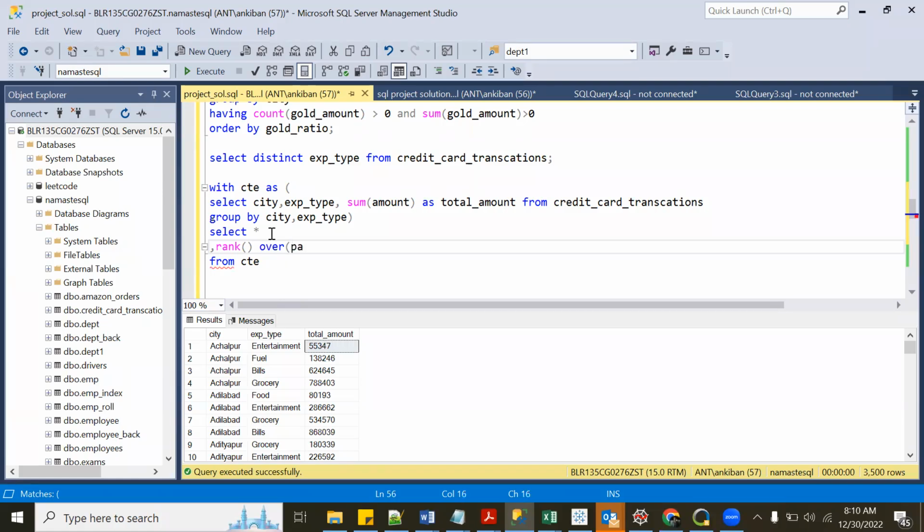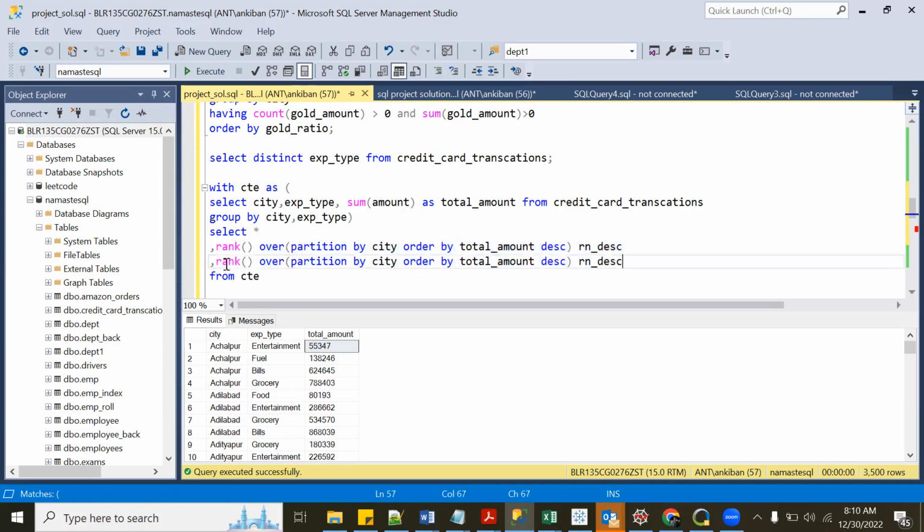I need it for each city, so definitely I should do partition by on city, and then order by total amount descending. So I will say RN DESC. And then I will have one more column where I will find rank in reverse order, by ascending. So I will say RN ASC. From CTE, and let me run this.